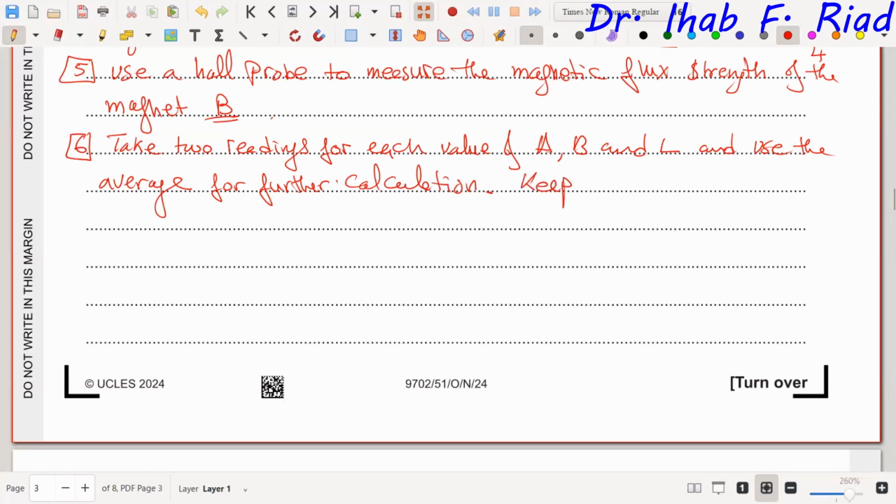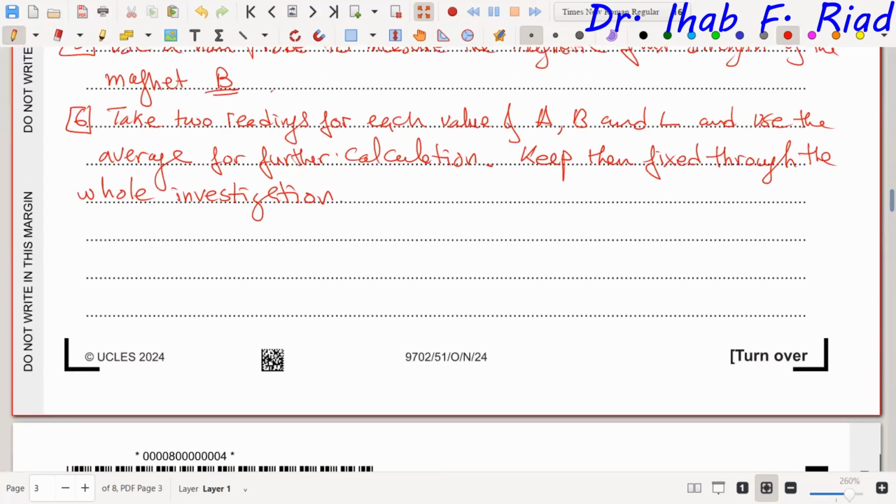Keep them fixed through the whole investigation. Are we good? Yes. Okay, 7. Fix.